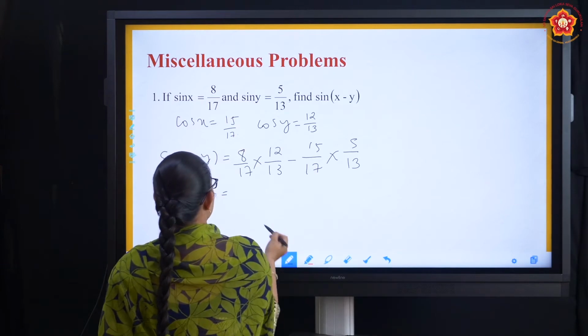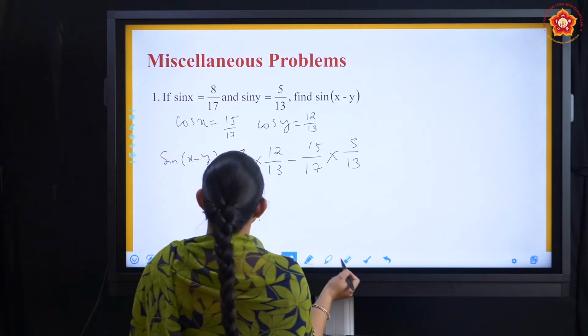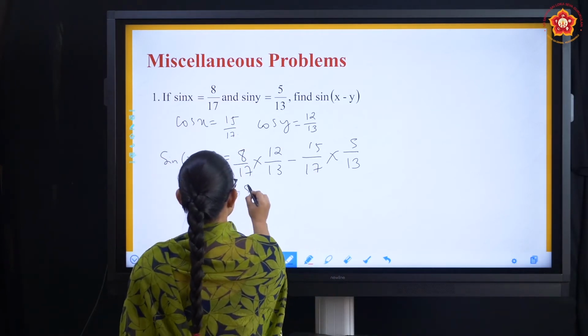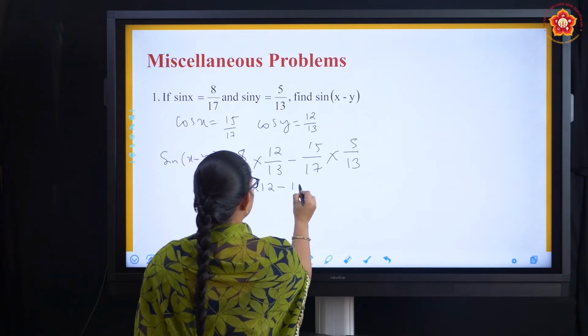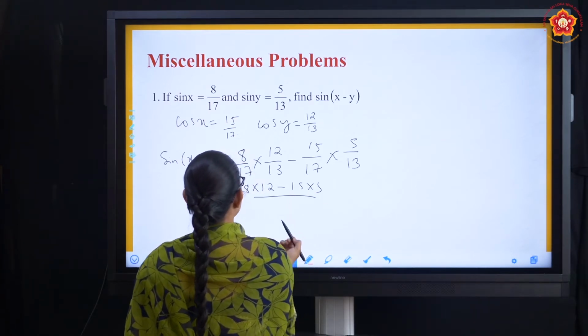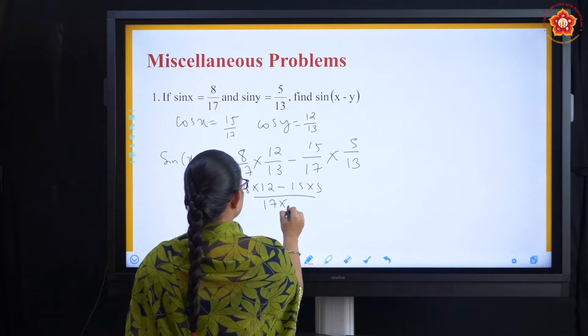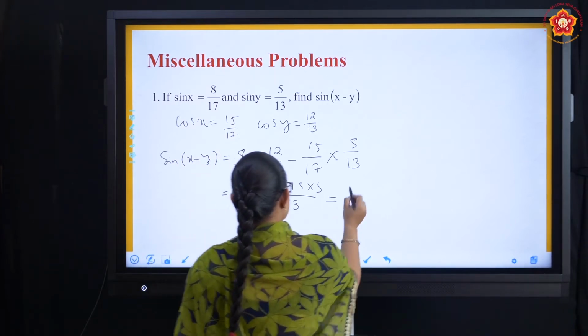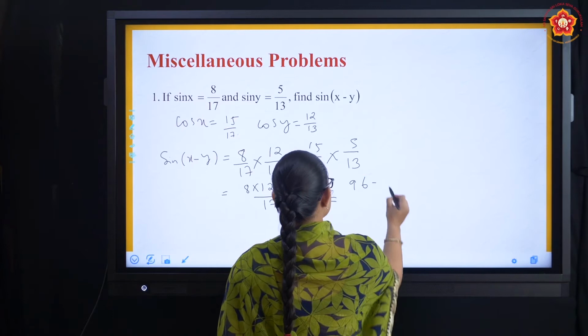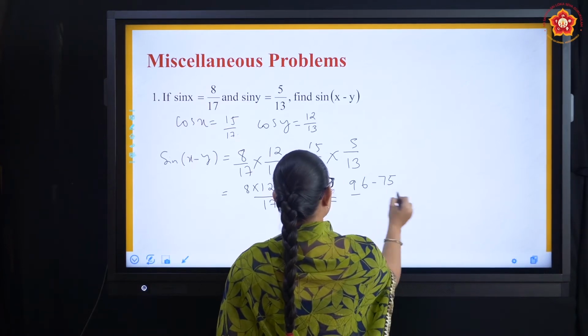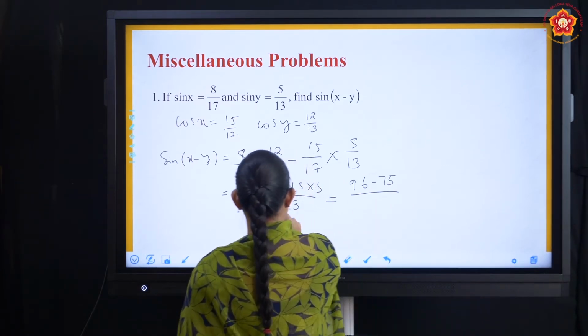So that is 8 into 12 minus 15 into 5 divided by 17 into 13. So that is 96 minus 75 divided by 17 into 13.